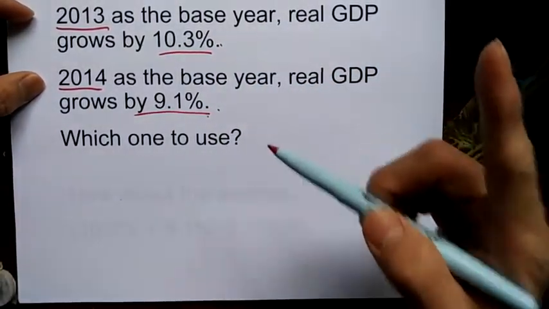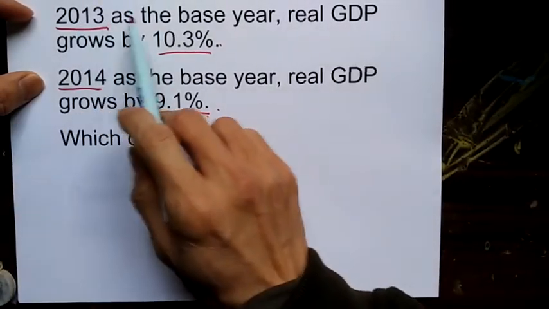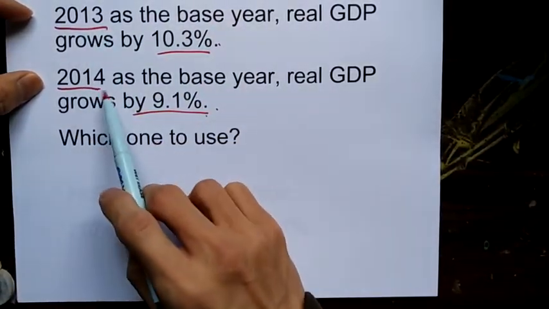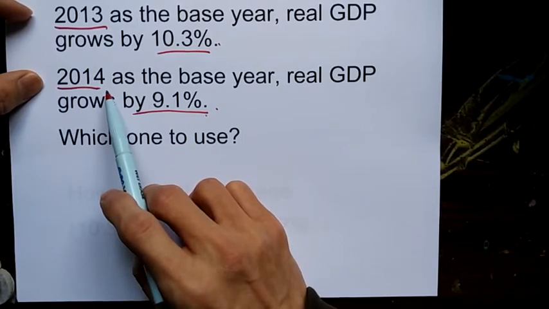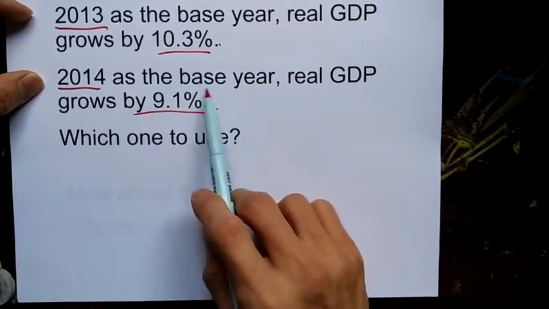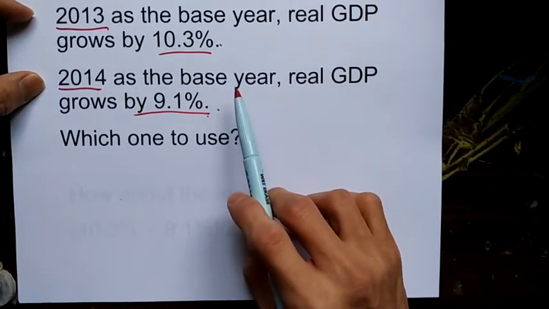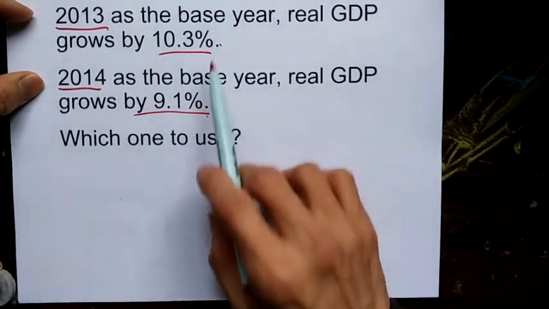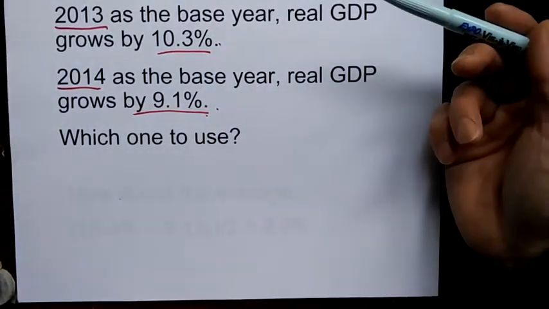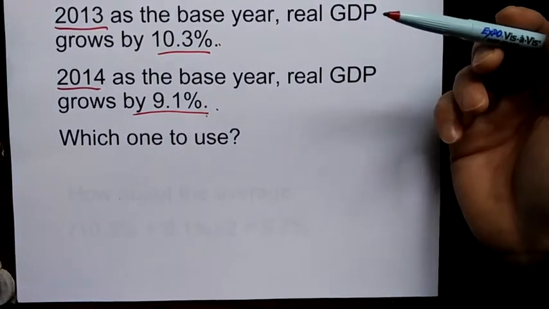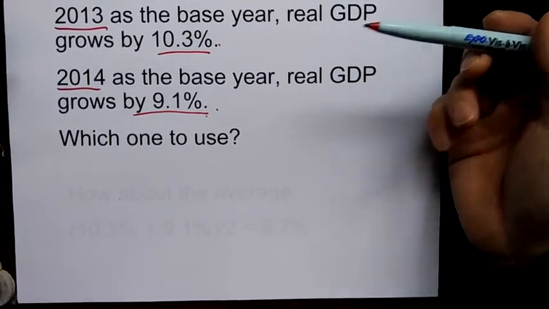But the problem is, again, if you use 2013 as the base year, you ignore 2014 prices. If you use 2014 as the base year, you ignore 2013 prices. Which year prices are more important? Well, who knows, right? So what can we do?